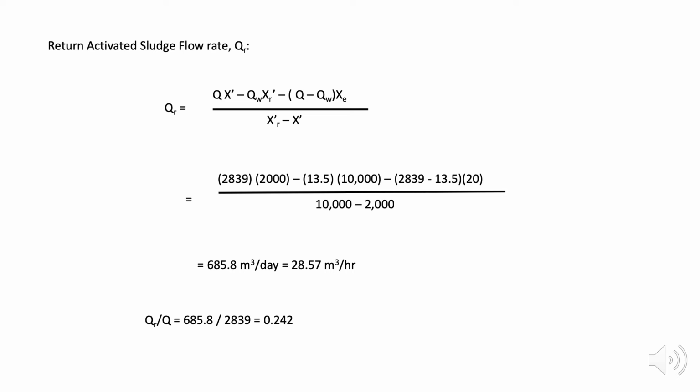This is commonly called the recycle ratio. We see that it's about 0.242, which means about 24% of the flow rate that's coming into the plant we're recirculating back into that original reactor.